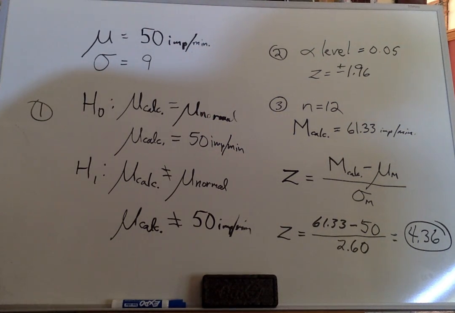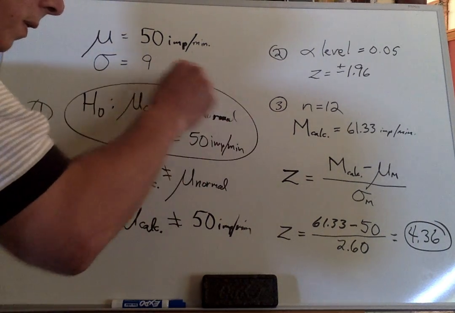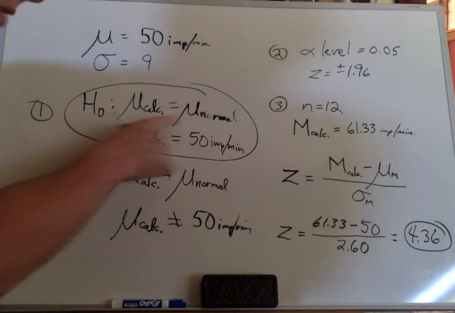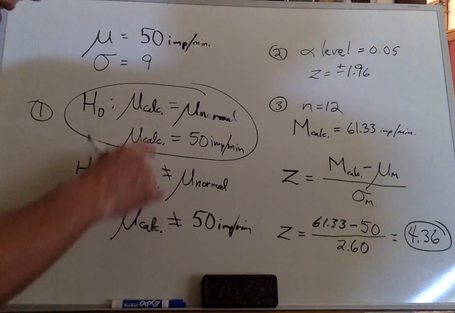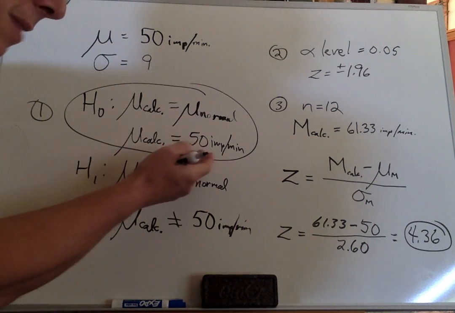So the question here, and I'm going to let you think about it for a minute, right? Do we reject the null or do we fail to reject the null? Well, the null says that the population of cells bathed in calcium is going to be the same as normal. But what we're seeing here is, if this was the case, we would expect the calcium average to be about 50.